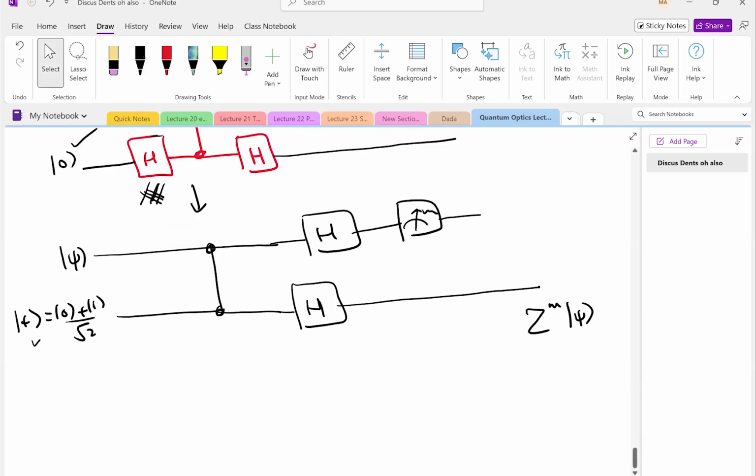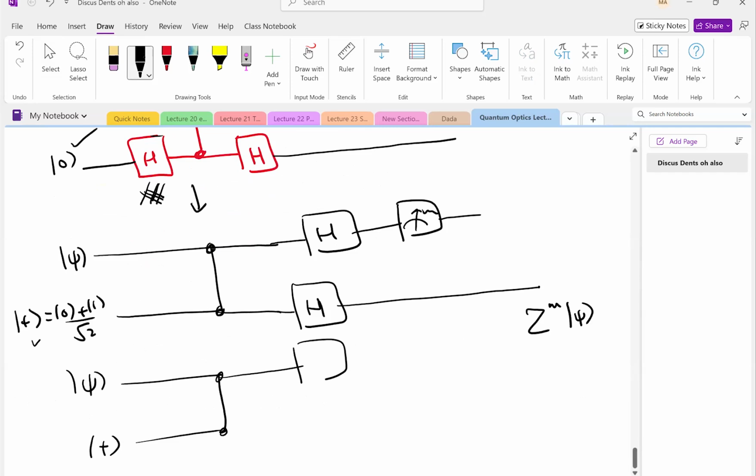Now what I could do, I could move further, Hadamard, measurement, and get rid of this Hadamard and have this replaced by Z^M H psi.